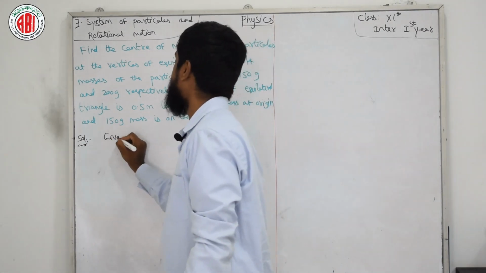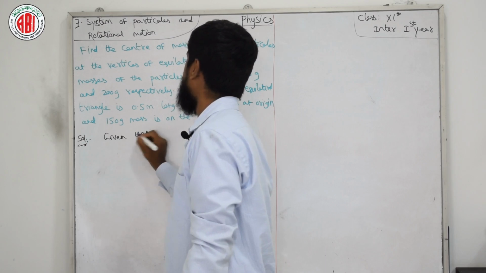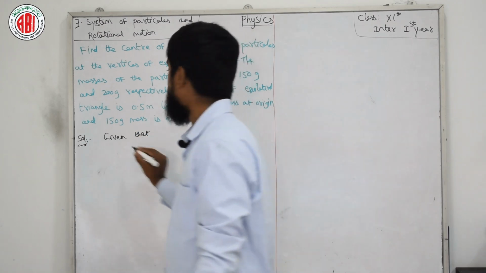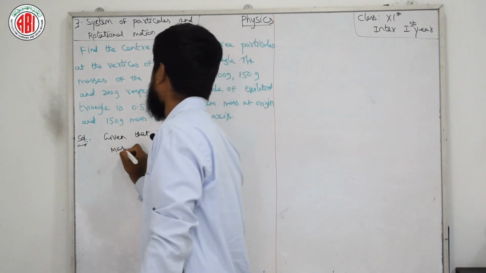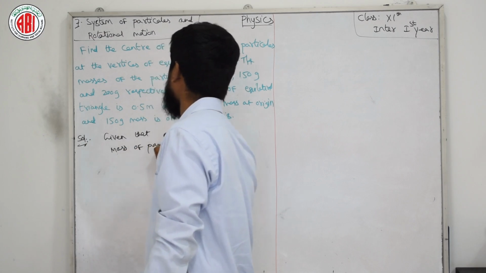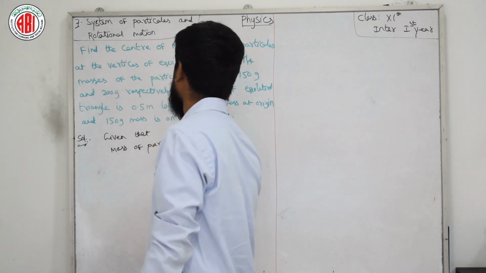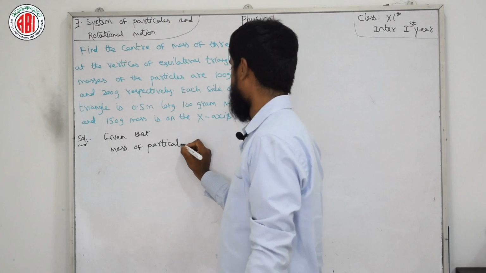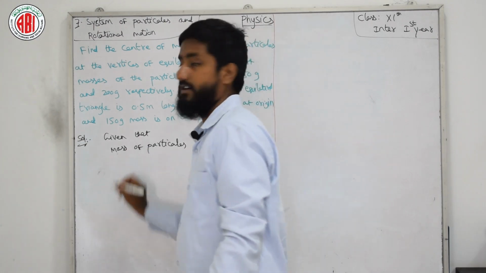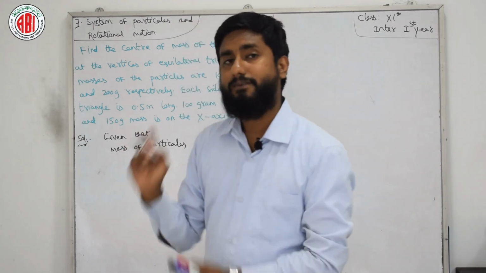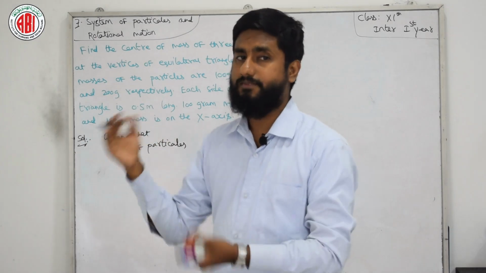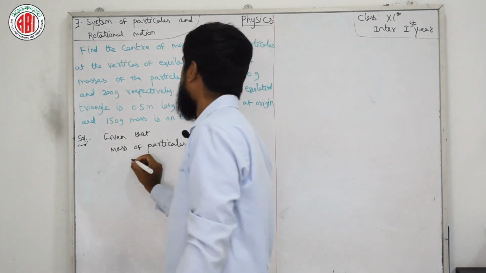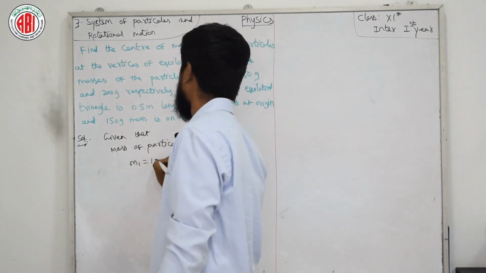We have to write what is given. Mass of particles: M1, mass of particle 1, mass of particle 2 or mass of particle 3. M1 is equal to 100 gram.